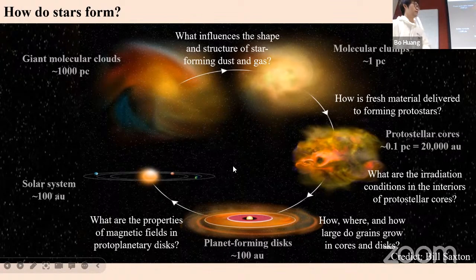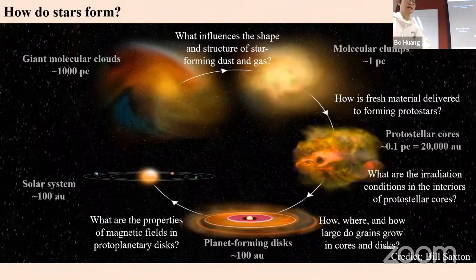There are so many questions we can ask. What do these molecular clouds look like? How do they form the structure that we see? As it turns out, it's quite filamentary and elongated. Once you get down to the protostellar scale, how do these stars actually accrete their material?